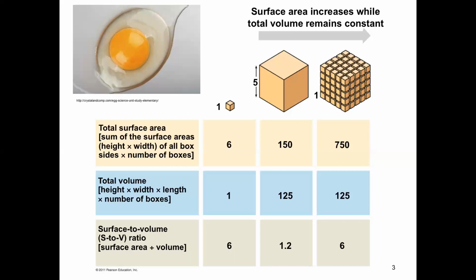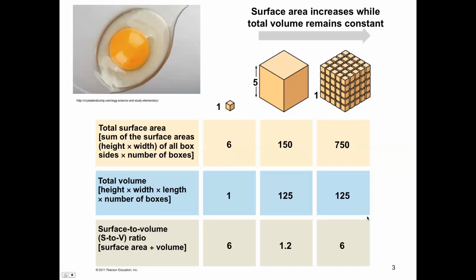So if you look at a 1 by 1 by 1 cube, it has a surface area of 6, right? And that's pretty obvious. And the surface to volume ratio is 6. Now, obviously, we are not single cells, right? We're made up of many of these teeny tiny cells. So why are they like this? So if just say it grew to 5 by 5 by 5, right?